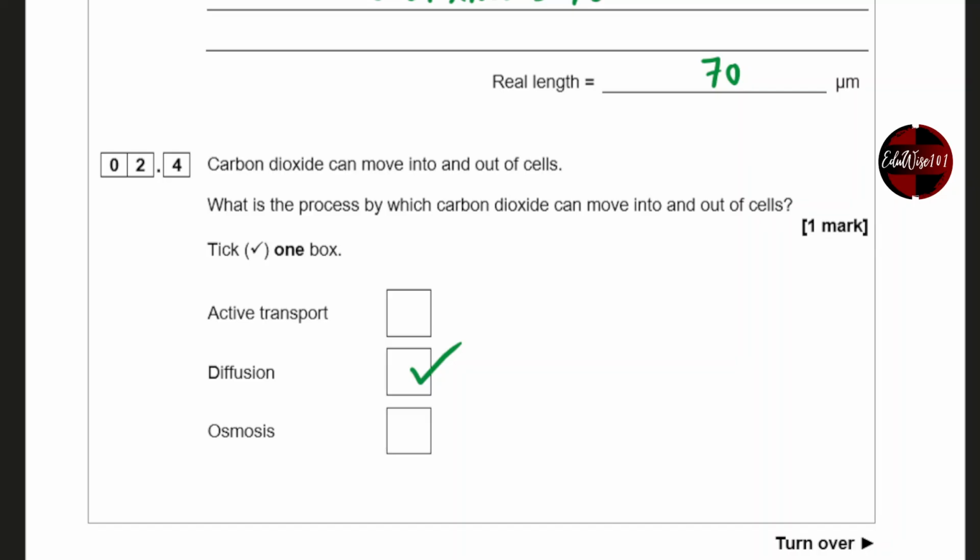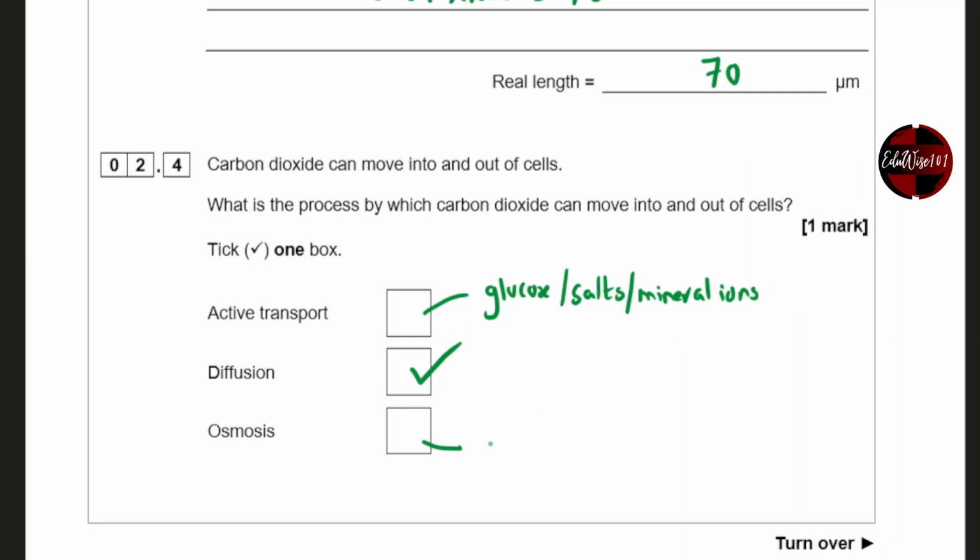So active transport, that includes glucose, salts or mineral ions, like phosphates, nitrates in plants, and sodium ions in animal cells.